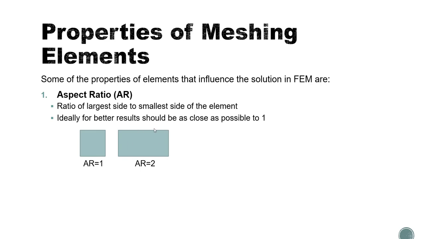Here the aspect ratio is 2 for the quad element, and the same is the case for these triangular elements. So all of these have different aspect ratios. For better results, it's advisable to use an aspect ratio as close as possible to 1, but most of the time it is not possible to keep it 1. So we trade off different properties of the mesh that we have.